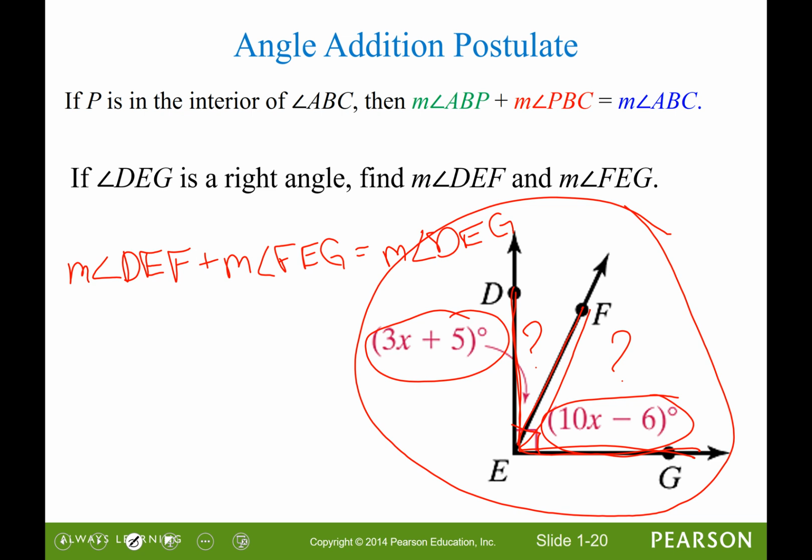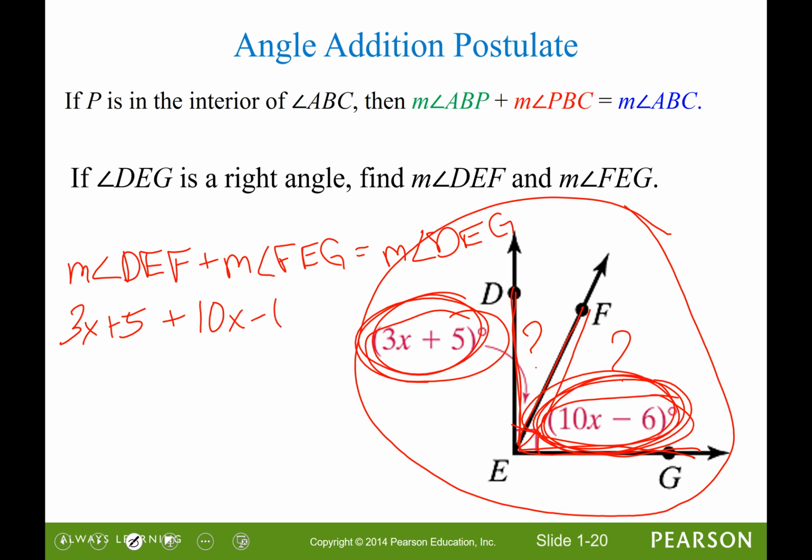Now we're going to take it from these letters into the algebraic expressions. DEF is this one here, 3x plus 5, plus sign. FEG is this one right here, 10x minus 6, equal sign. And then DEG is the large one.